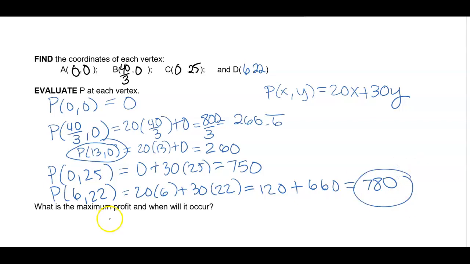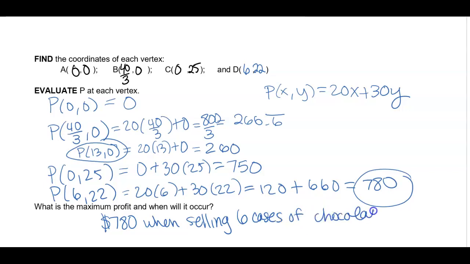So the maximum profit is $780, okay? When selling 6 cases of chocolate bars and 22 cases of popcorn jars.